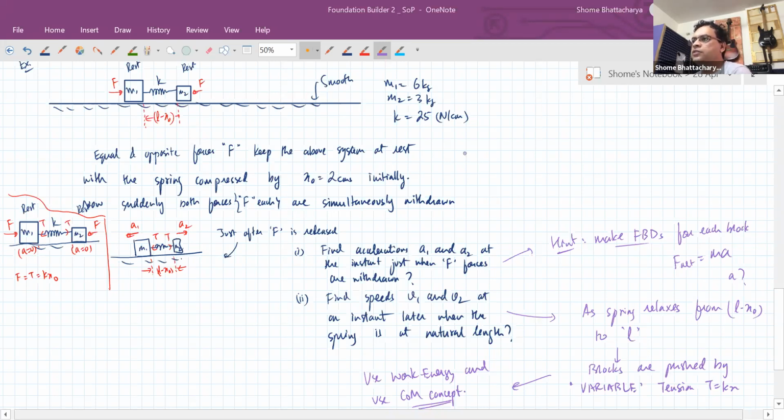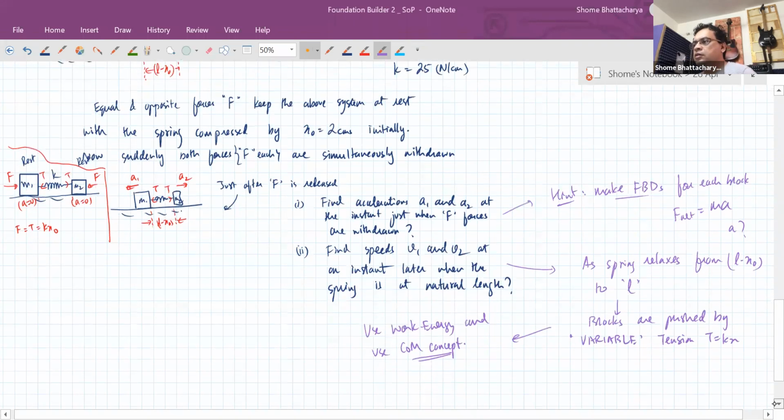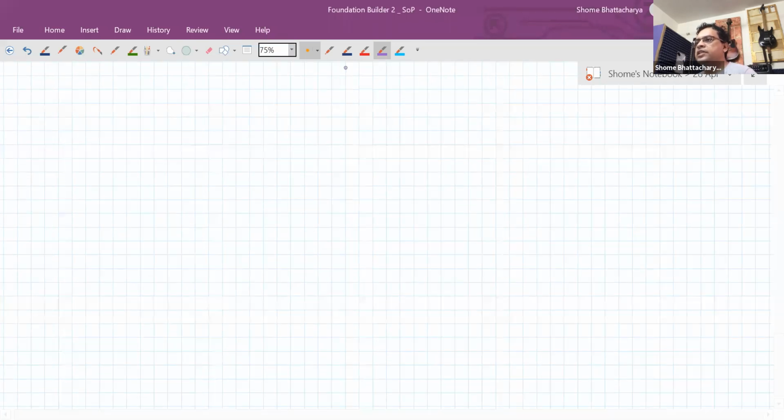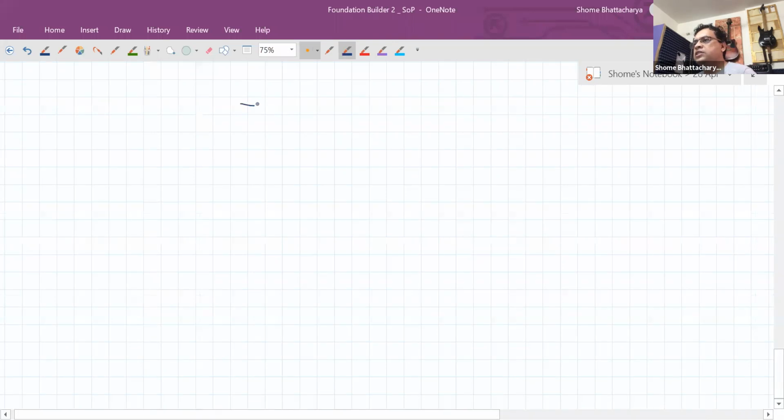So anybody got the answer for the first part? What are the accelerations? You made the free body diagrams. So at the moment when we release the system now, what is the state of the spring? We just discussed the spring has a compression of 2 centimeters.